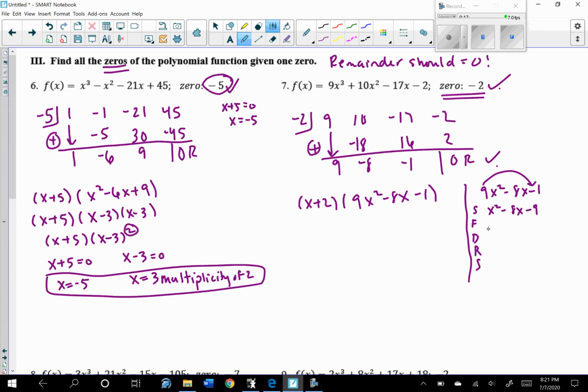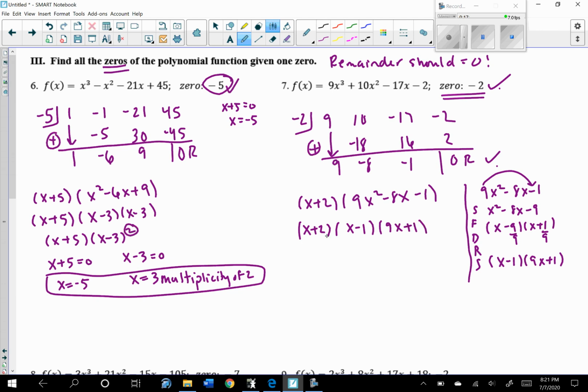Factors of 9 that add to negative 8 would be x minus 9 times x plus 1. We have to divide that 9 out because we moved it in the beginning. Reduce. So this becomes x minus 1, and this doesn't reduce, so that number swings in front, 9x plus 1. So x plus 2 times x minus 1 times 9x plus 1.